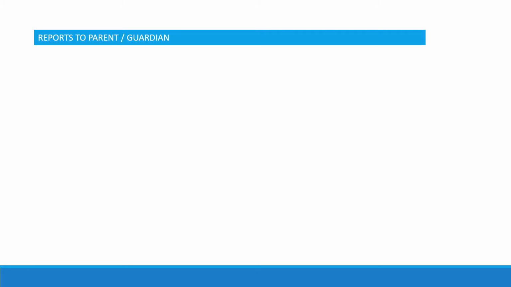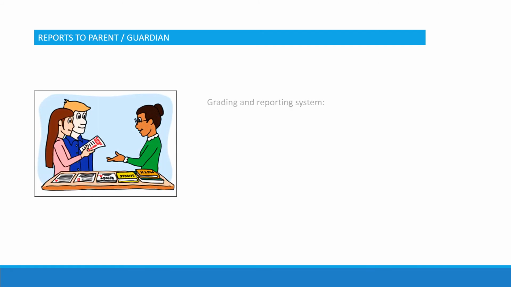The second function of grading and reporting system is reports to the parent or guardian. Reports are very important to parents or guardians so that they will be informed about the performance of their children. As we all know, parents or guardians are also essential key ingredients in the success of the curriculum.